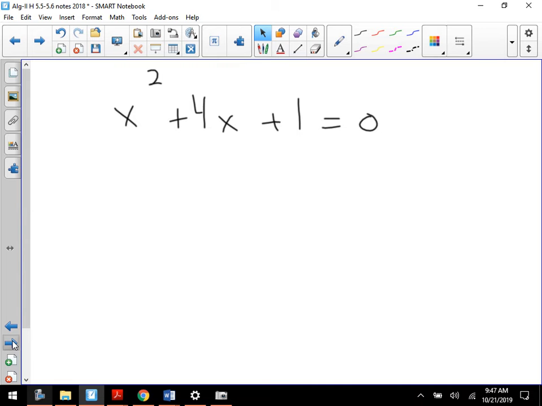So take a second and do this one via complete the square, please. x squared plus 4x plus 1 is 0. Okay?